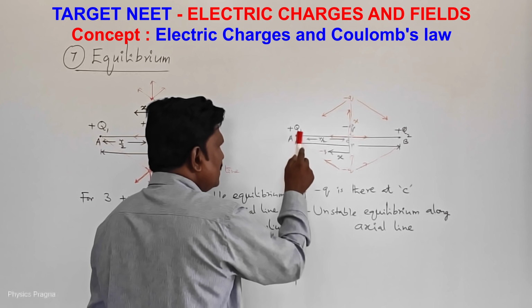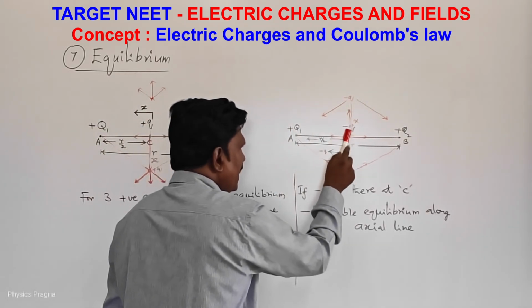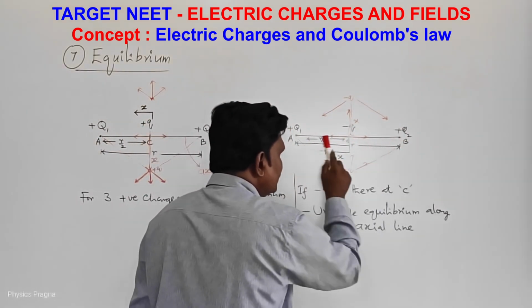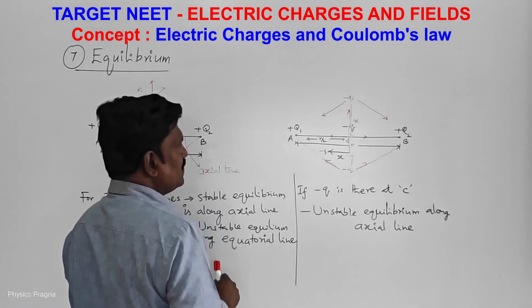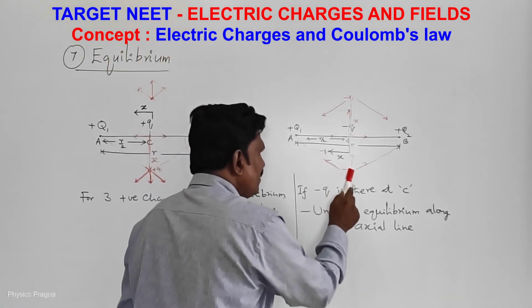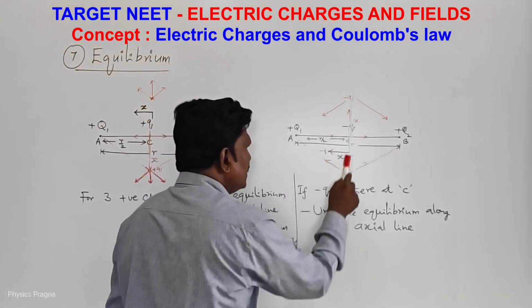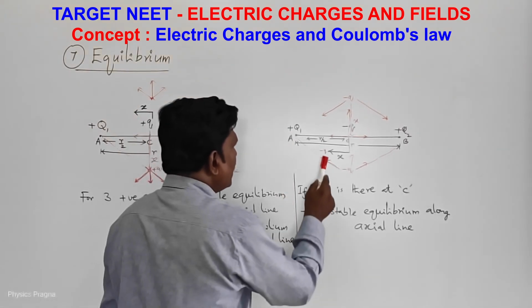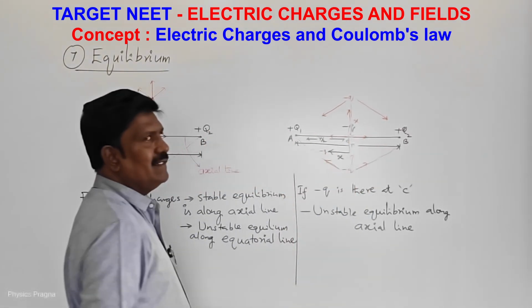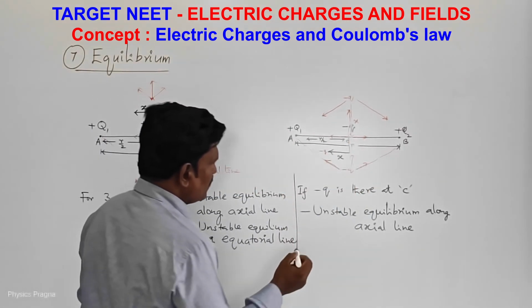That's why if plus q, minus q, plus q, a three charge system is in stable equilibrium along the equatorial line, unstable equilibrium along the axial line. This we have to note.